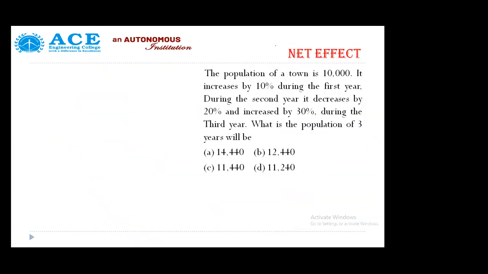Both methods are given. Now let's see the next concept, net effect. What is net effect? They may say increase, decrease, all those things. Finally, what is the result of that? There may be increases and decreases, too many things mentioned in the question. What is the overall effect of that?